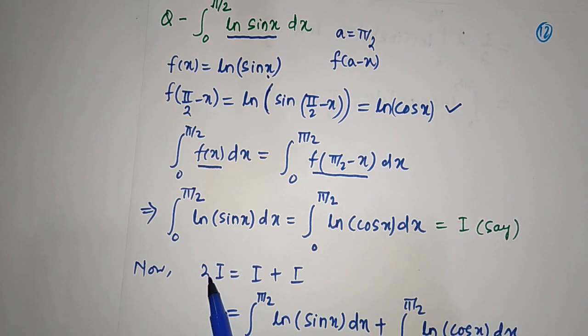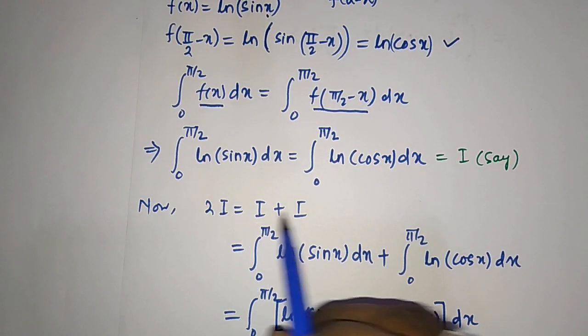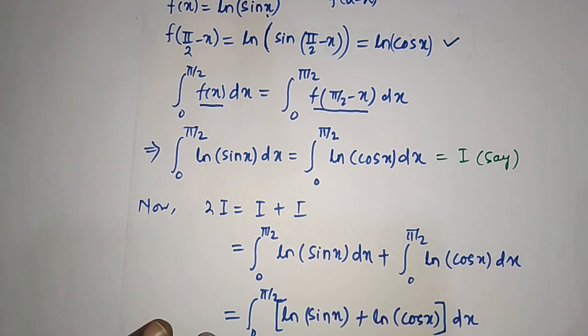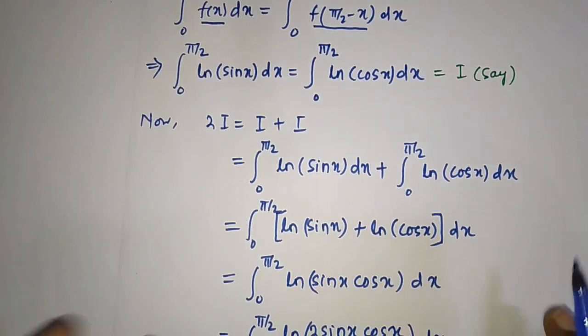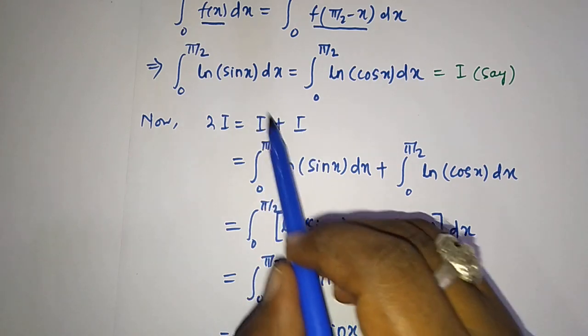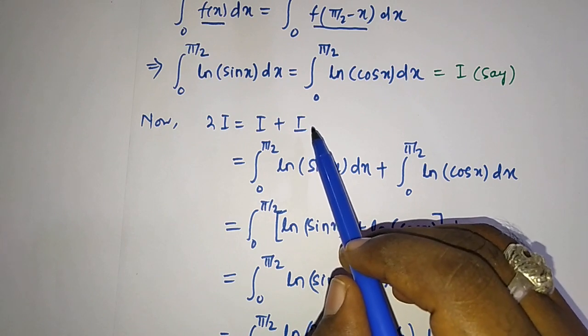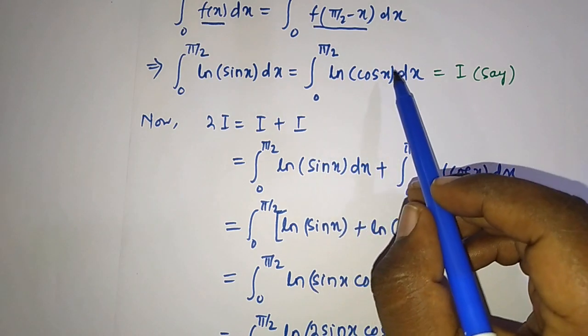Now we know 2I can be written as I plus I, like the previous example. In one I will substitute this value, and in place of the other I will substitute this value.